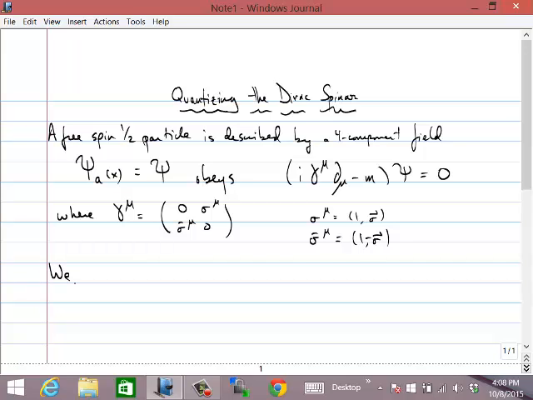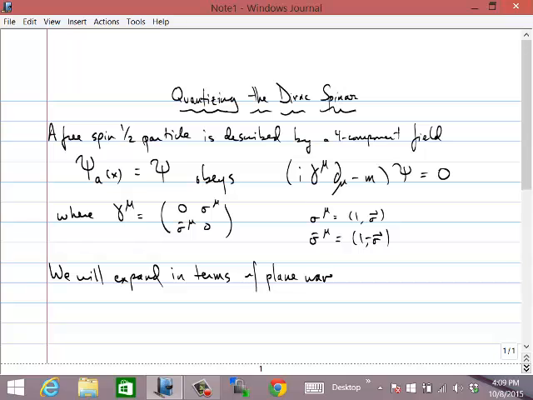And a general solution to this classical equation of motion can be expanded in terms of a basis of plane wave solutions. And we will consider the expansion in terms of these plane waves.